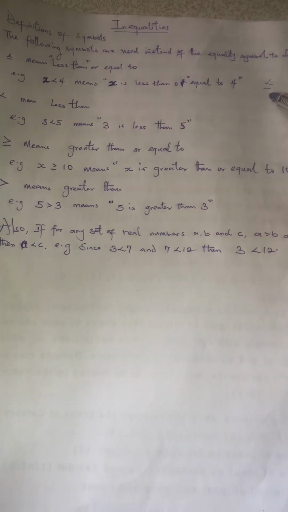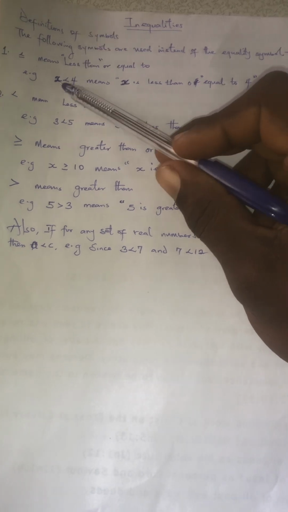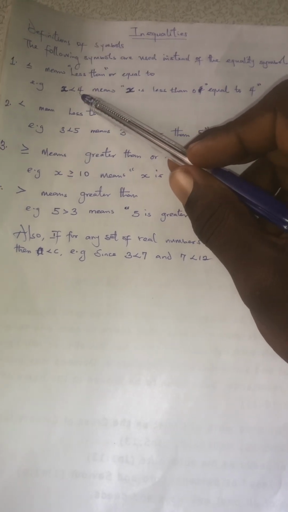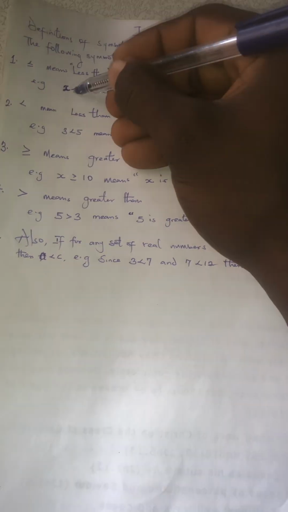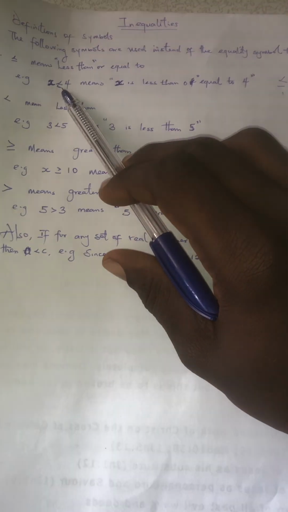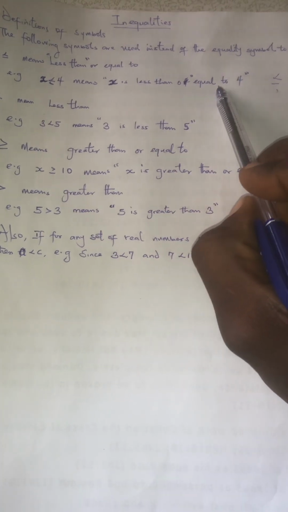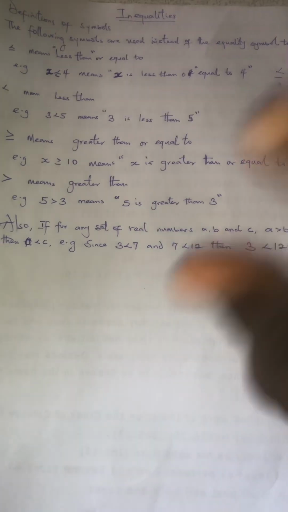For example, if I have 8 less than or equal to 4, it means that 8 is less than or equal to 4, like I've explained. So it's not hard at all.